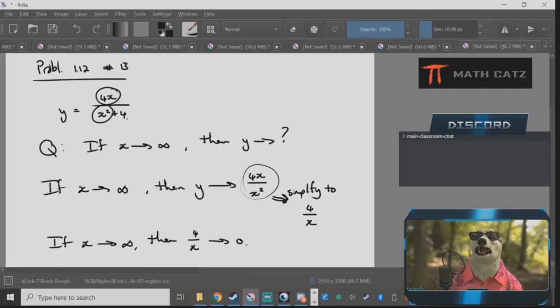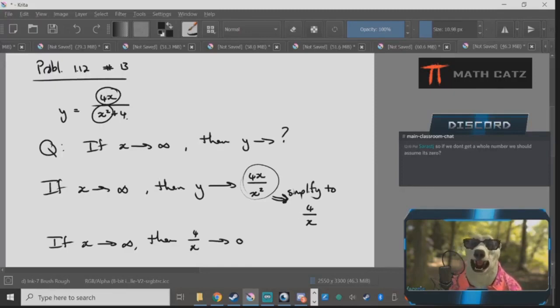But the parabola, x squared plus 4, is going to grow much faster eventually. And it's going to completely outgrow 4x, dominating that fraction. And because it's sitting in the denominator, it's going to control the size and make it small because the denominator is going to eventually be much bigger than the numerator.